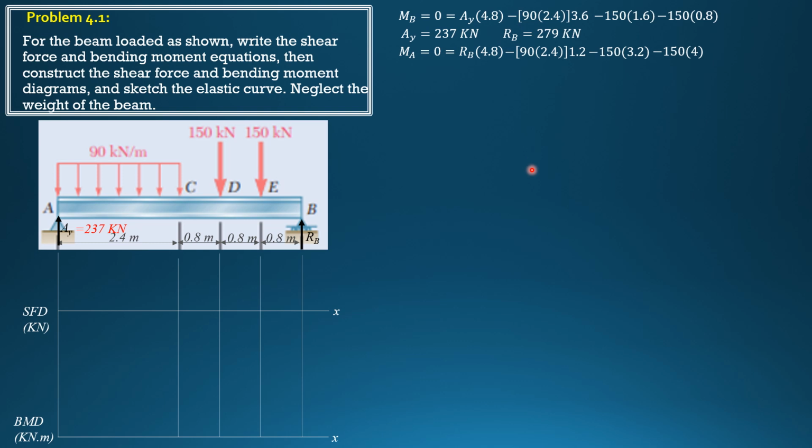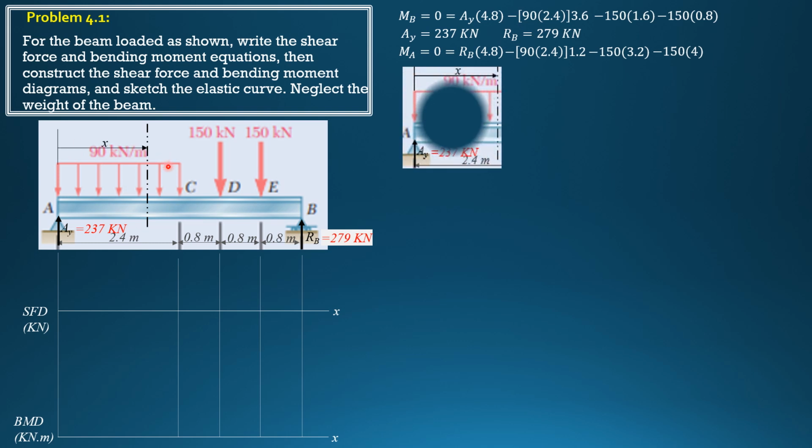So next, let's have section AC first. We cut a section. Then the distance from A, which is the leftmost point, is X. Because this is the first example, I'll draw the free body diagram in more detail for this portion as well as for CD.